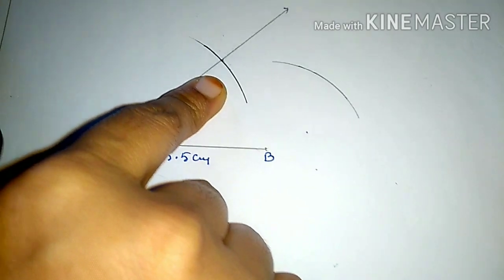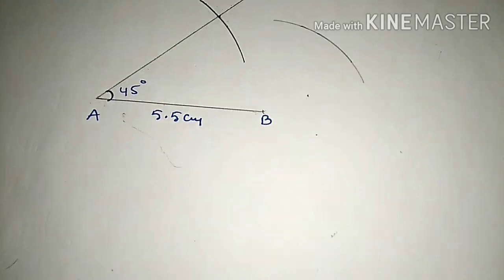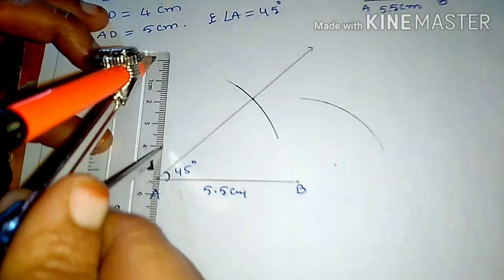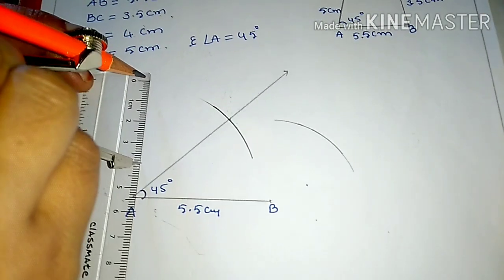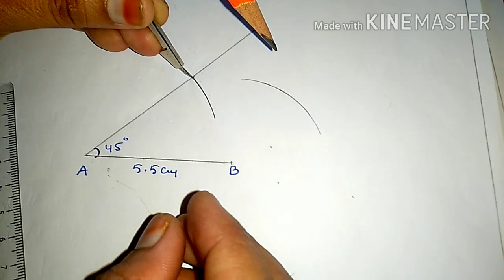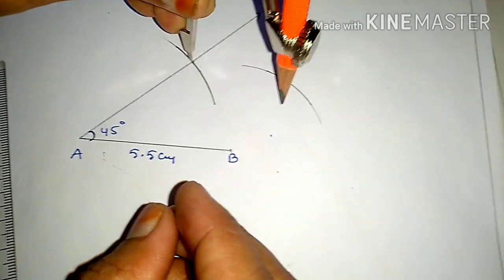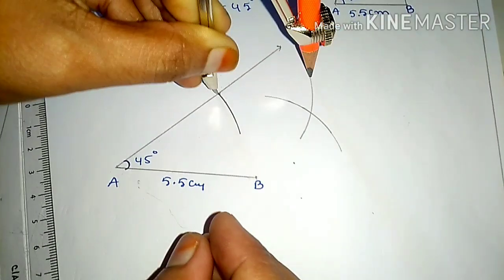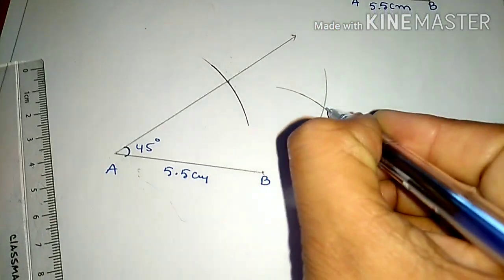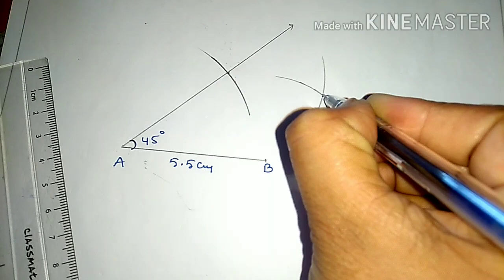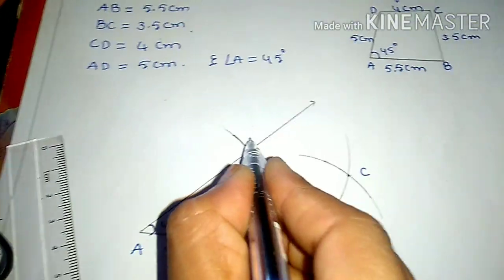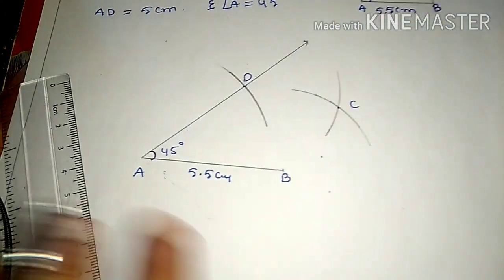Then take CD equal to 4 centimeters, and draw another arc intersecting. The two arcs intersect and meet at one point, that is called C. That is D.